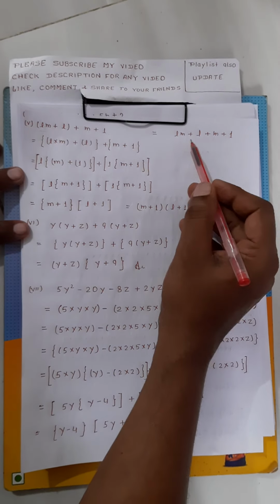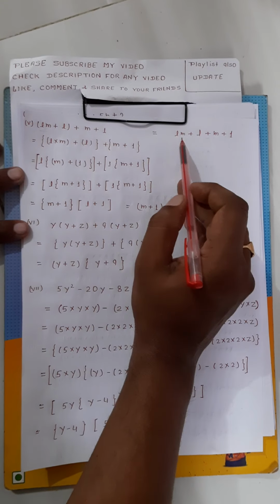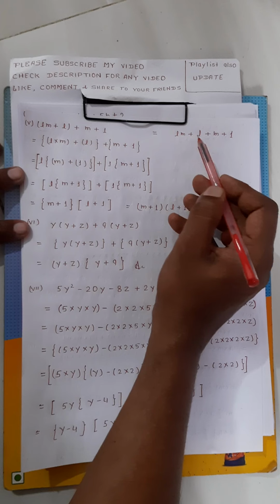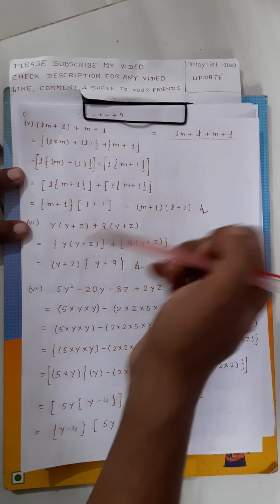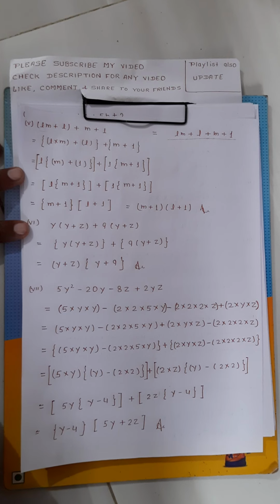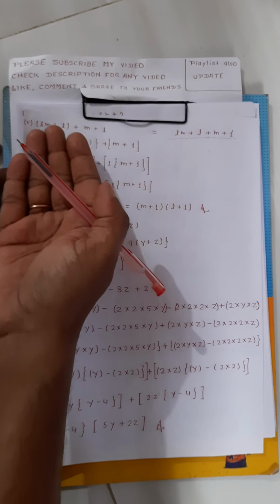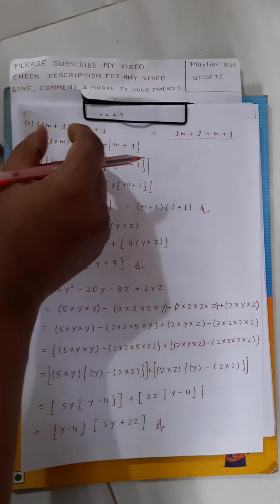So we cannot take out any common factor from these 4 terms. Since there are 4 terms in this expression, we will go with regrouping. In the regrouping, the questioner has actually done some work.